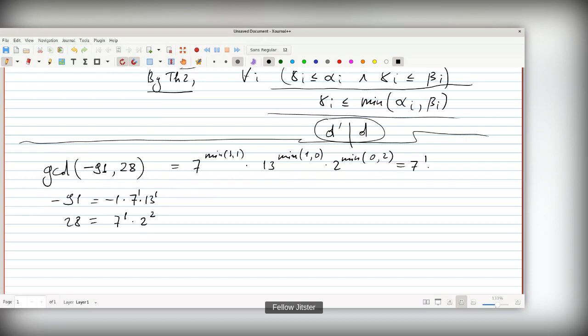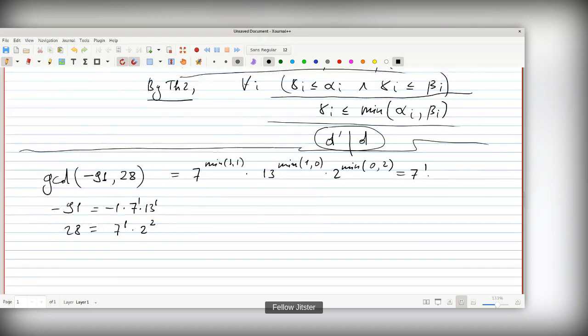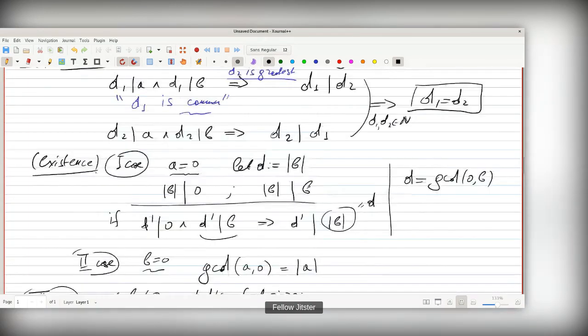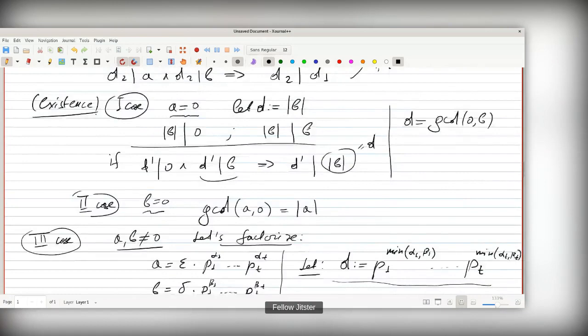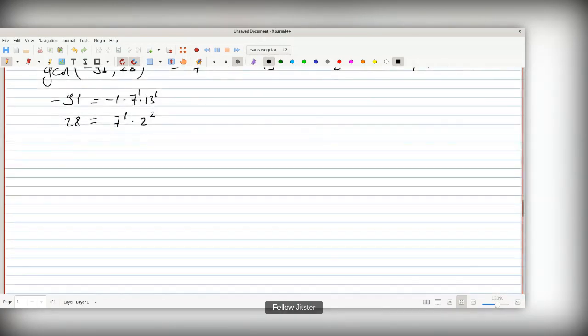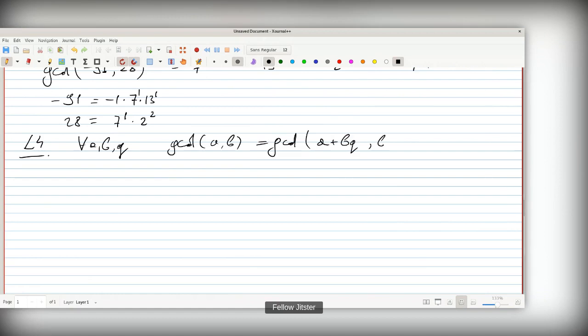Okay. And now let us obtain some properties of this greatest common divisor, which will prove important later. Lemma 4. For every 3 integers a, b, and q, the greatest common divisor of a and b equals the greatest common divisor of a plus b multiplied by q and b.